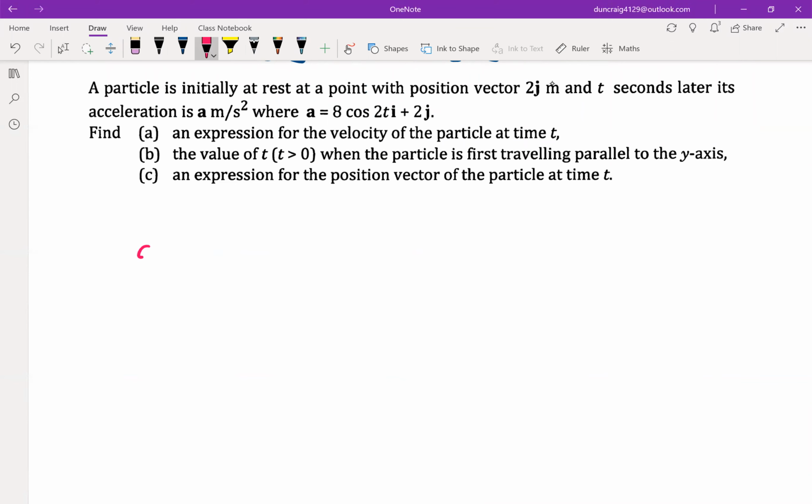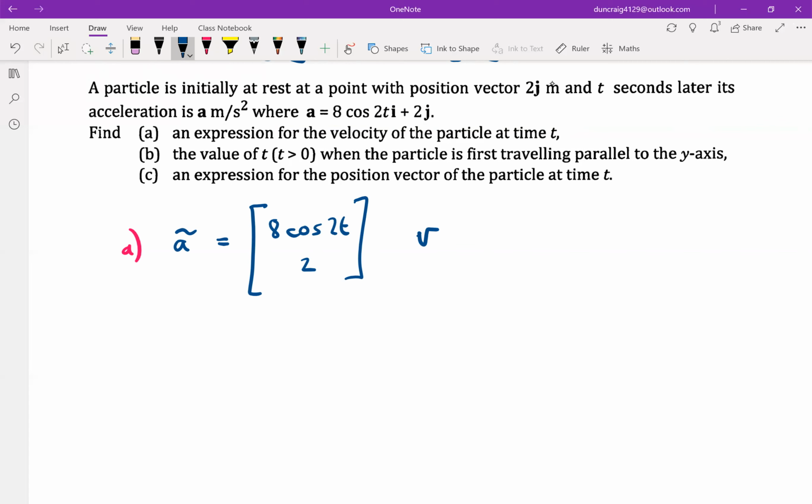So we want an expression for its velocity. We've got a vector there, which is 8 cos 2t, and just 2 for that one.